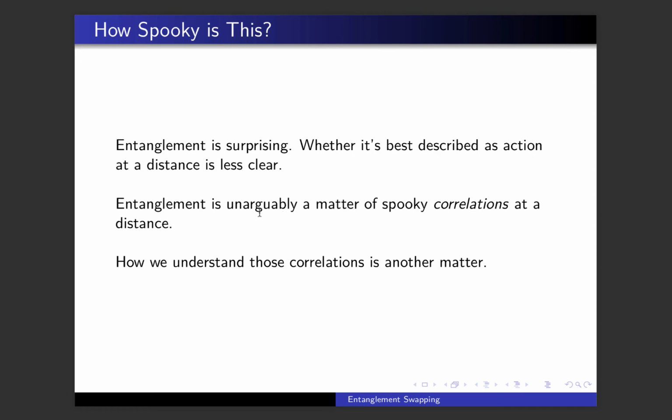We could put it this way. Entanglement certainly gives us what we could call spooky correlations at a distance. But the question is, how do we understand spooky correlations? Causation in general is not the same as correlation. That caution still applies here, even though there's undoubtedly something going on that's different from anything that we're used to classically.